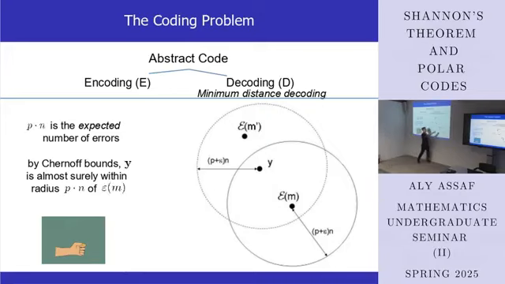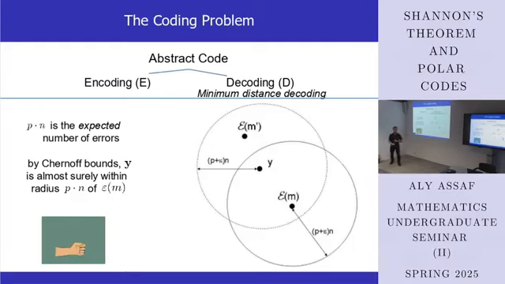Let's say we have some message M, and we apply our encoding function to it to obtain E of M. Then we transmit that through some channel, and we're going to obtain a code word Y. So this is the original, and this is the received. Next, let's draw a ball around these points of radius pn.